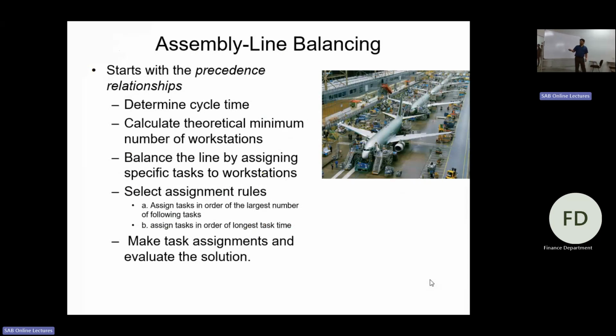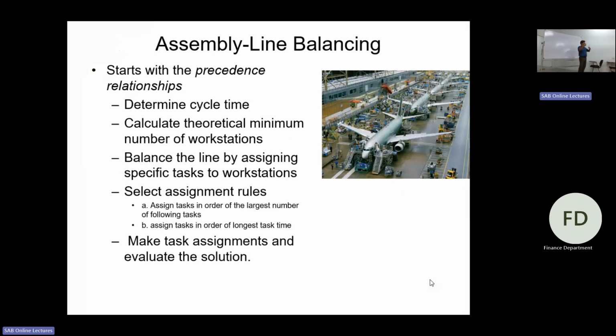Now, in this case, let's consider the first as the primary rule, A as the primary rule. Assign task in order of the largest number of following tasks. You will understand later. The second one, assign tasks in order of longest task time as the secondary rule. Mention it there. A as primary rule, B as secondary rule. Sometimes we might change it.